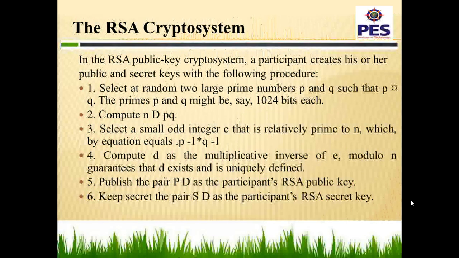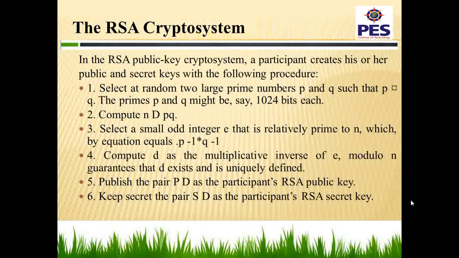So we'll see the procedure of how the public key crypto system algorithm works. In the first step, we select two random large numbers, P and Q, such that both P and Q are large. Compute n equals P times Q, that is, multiply those two numbers.